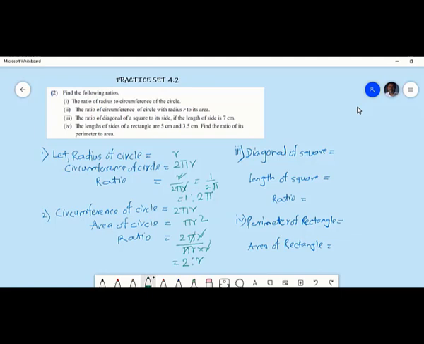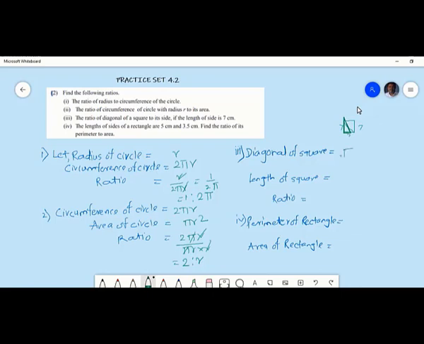Then third question. The ratio of the diagonal of the square to its side if the length of the side is 7 centimeter. This is the square and the length of the side is 7 and the diagonal. So the diagonal of the square is root 2 into side.